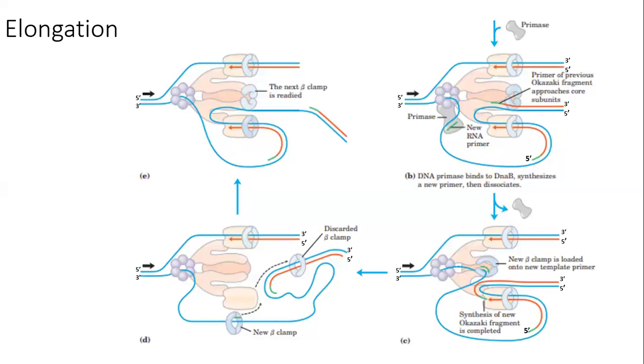When the synthesis of the Okazaki fragment is completed by the core polymerase, the enzyme will take a halt and it will be dissociated from its beta clamp, and the new beta clamp that is associated with the primer will then be transferred onto the core polymerase. And now the core polymerase will again continue with the extension process. So the entire complex responsible for coordinated synthesis and replication at the replication fork is known as replisome.